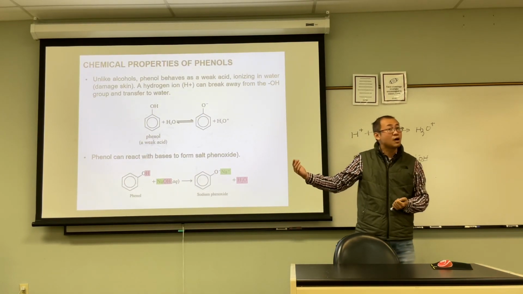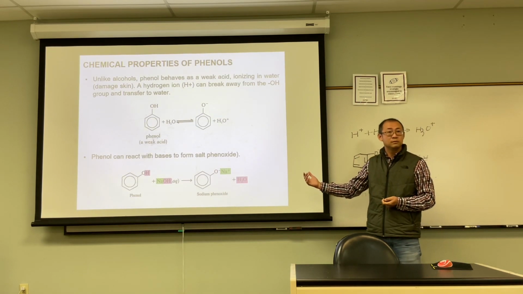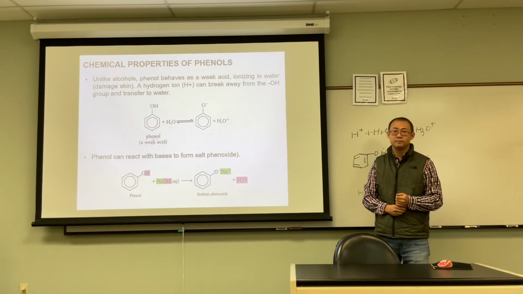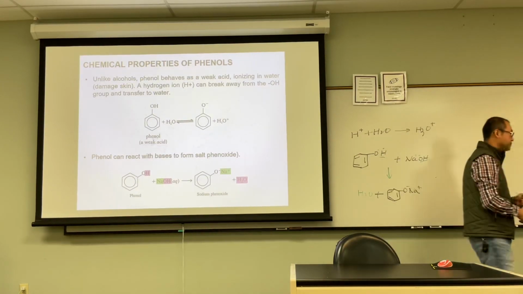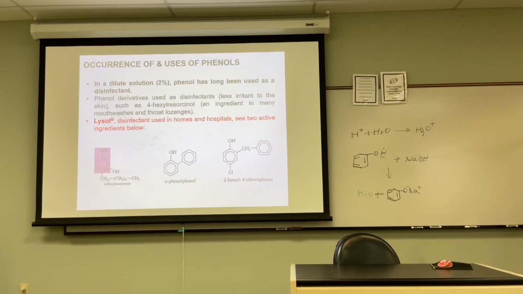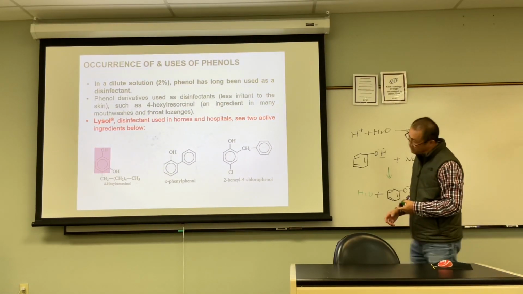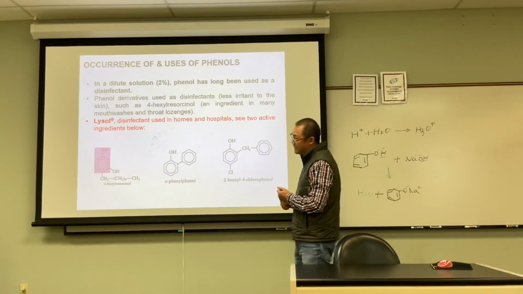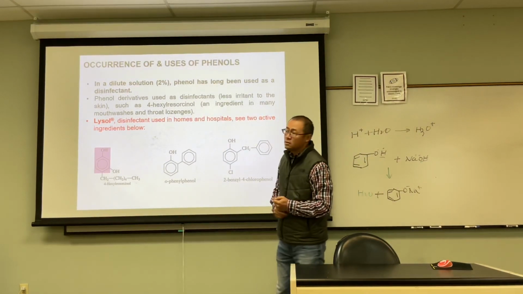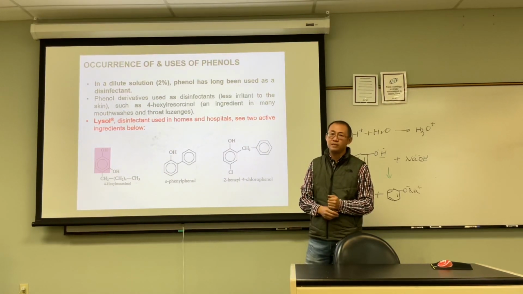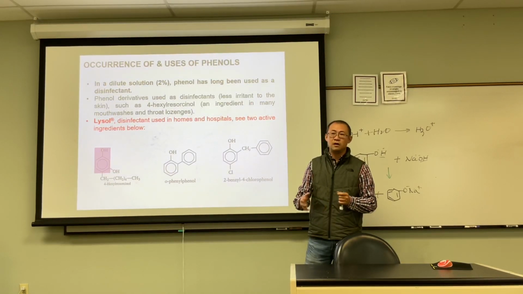And we never saw these on the alcohol. The reason is because the O is attached to the aromatic ring. And because of this acidity, because phenols are acids, using phenol directly as a disinfectant is very irritating to the skin, especially if you need to spray it on a wound.